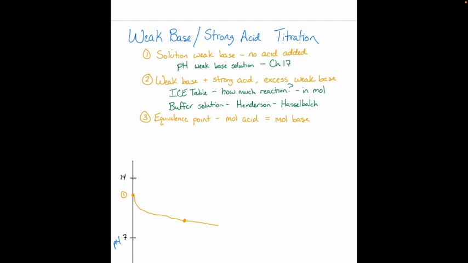So you have exactly as many acid molecules as you do base molecules in this solution. That's what it means to be the equivalence point. All right, so we're going to build an ice table to figure out how much reaction has occurred here.